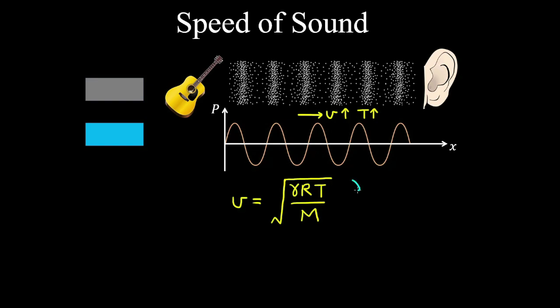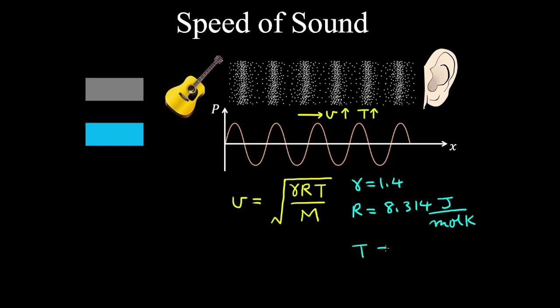So the adiabatic index for air is 1.4, and the universal gas constant is 8.314 joules per mole Kelvin, which you've seen in the thermodynamics part of the course.